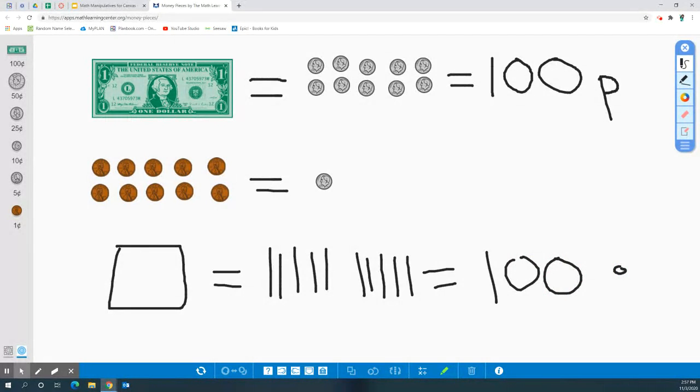So dimes and pennies and dollars are very, very similar to boxes, sticks, and circles. See why last week I was telling you it's so important to be able to draw your numbers? Okay, now let's talk about cent notation.